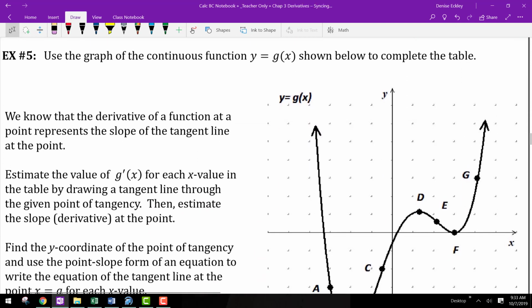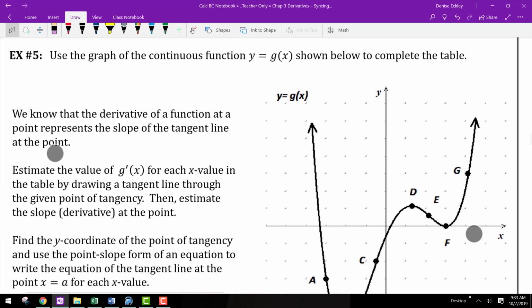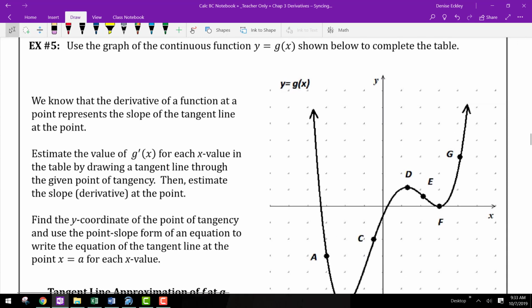Okay, next example. We're going to use this graph, and it's a continuous function, and that is very important, of g of x, shown to complete the table below. Okay, so here's some things we know. We know that the derivative of a function at a point represents the slope of the tangent line at the point, wherever we find the derivative.